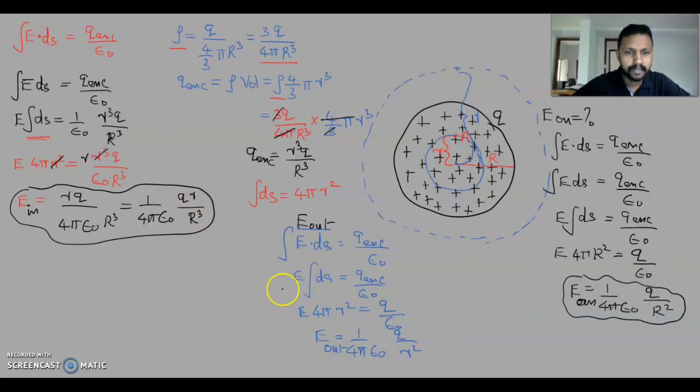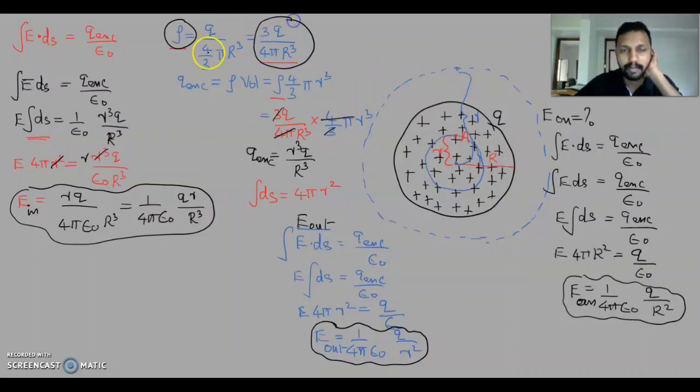Okay, this is the third formula, and we could define the three formulas in terms of charge density also. That is, as we know, volume charge density rho is 3q divided by 4 pi R cube.